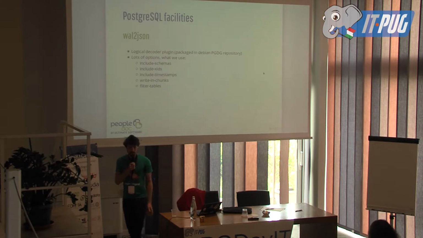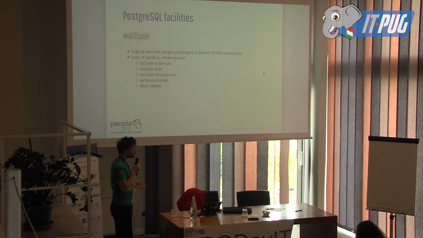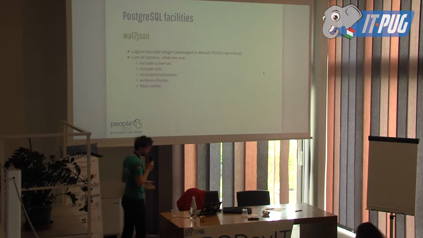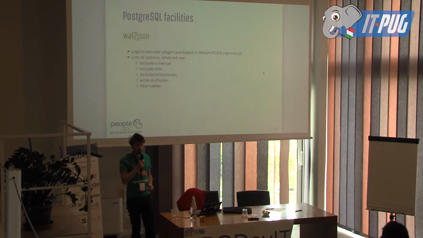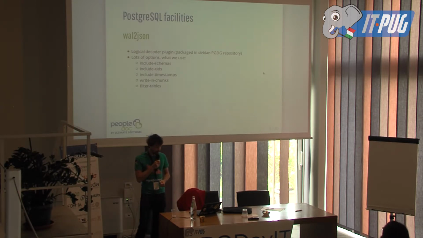So I said that the replication slot is used with a Decoder Plugin. The Decoder Plugin we are using is wal2json. It's an open source decoder. It's been developed and it's in some use, and it's been packaged in the pgdg Debian repository, and that's why we chose it initially.